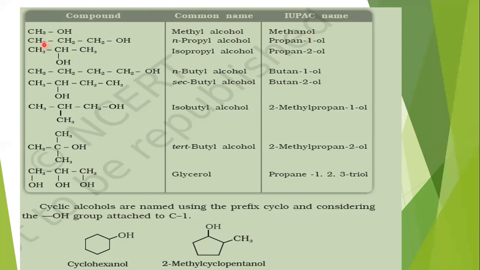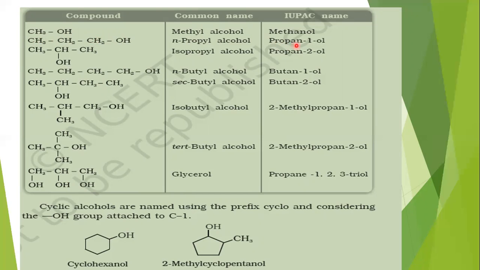See the second example, CH3CH2CH2OH. There are three carbons. Three carbons means this alcohol is derived from propane, which has three carbons. Now number the chain. This is the first carbon to which OH is attached, as OH is near to this end. So this is the first carbon, this is the second carbon, and this is the third carbon.